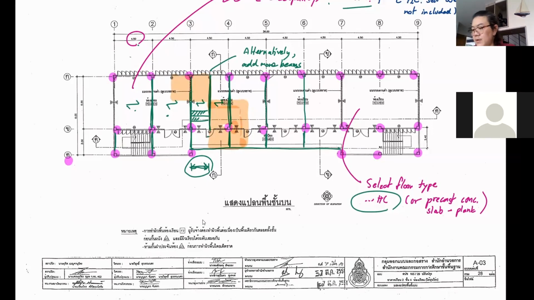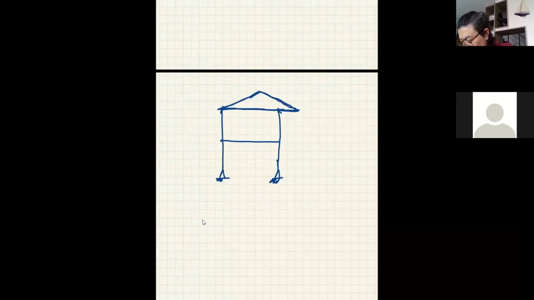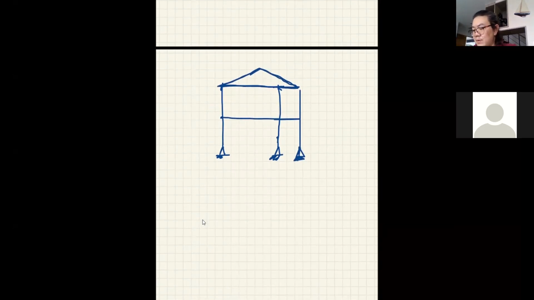So yeah, but the problem with this is that this becomes the more critical section, correct? Because if this is the frame that looks like this, where's the note? Okay. If you are going to make the frame like that, this one will be less critical than this one, okay?